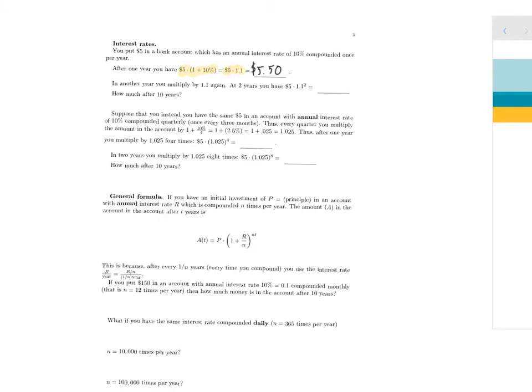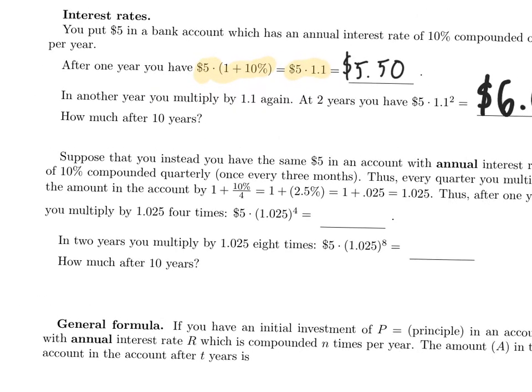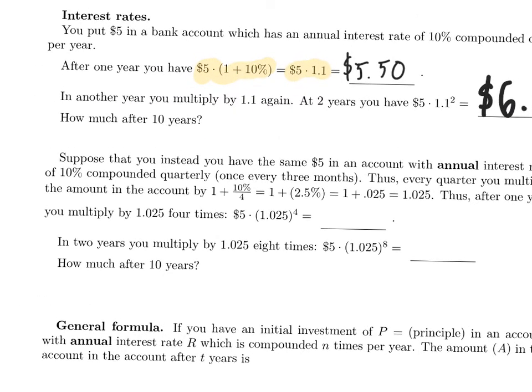After 2 years, you have $6.05. Nice. So, if you have $5 and you put it in this bank account, which has an annual interest rate of 10% for 10 years, well, after the first year, you'll multiply 5 by 1.1. After the second year, you'll multiply by 1.1 again.